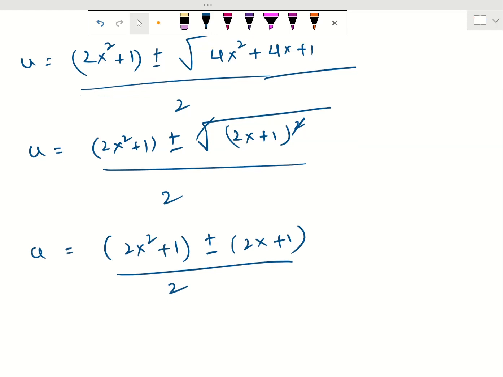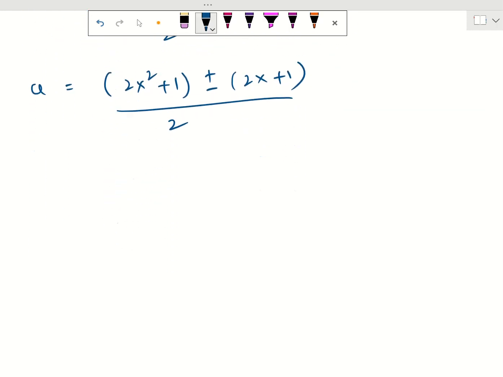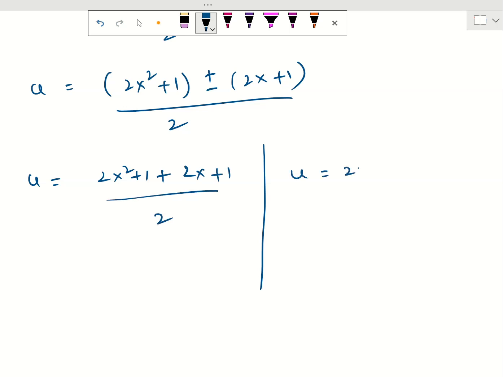So this equation is having two cases, right? Here we can take the first case as 2x square plus 1 plus 2x plus 1 divided by 2, and the second case we write as 2x square plus 1 minus 2x minus 1 divided by 2.